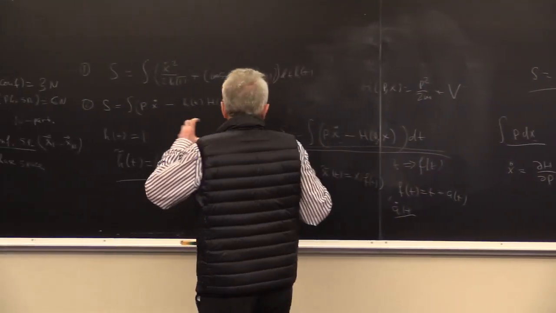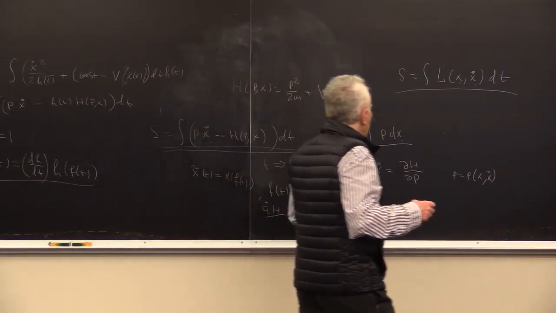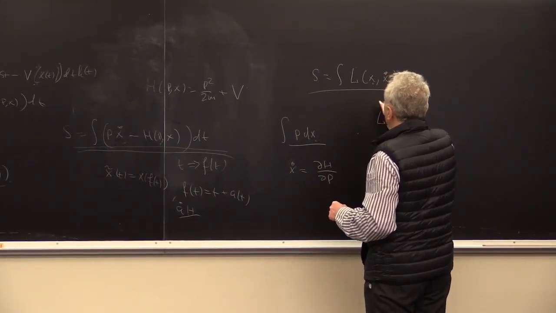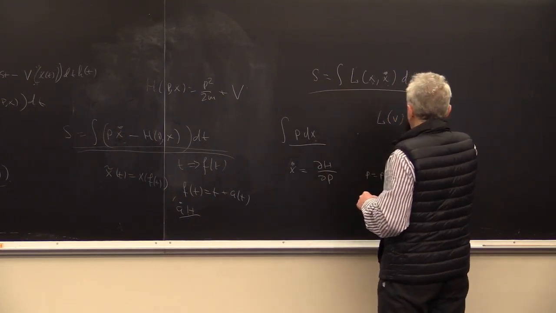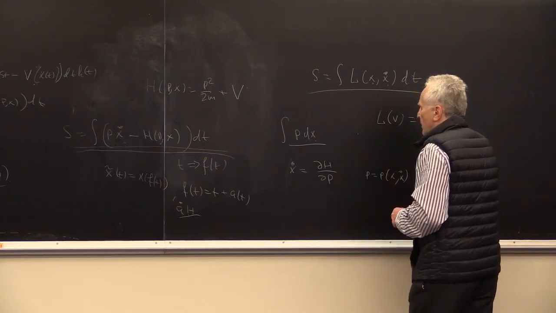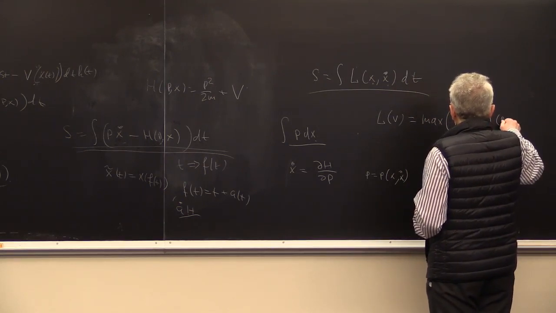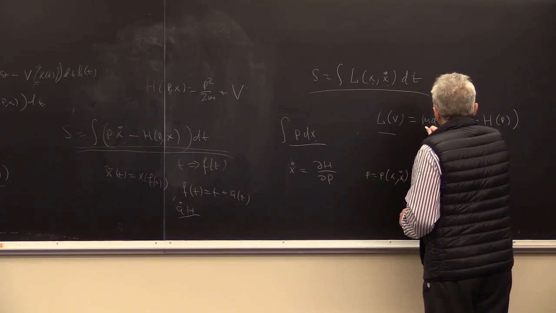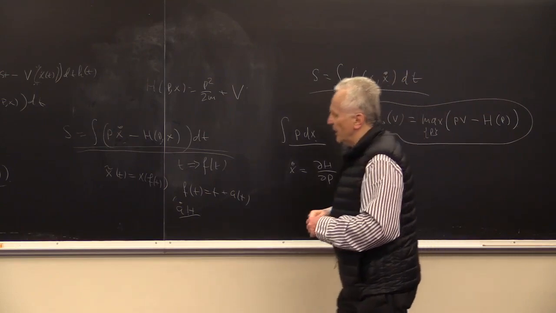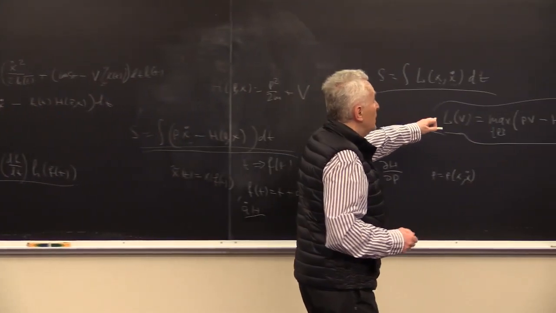But it's useful to formulate it slightly differently, namely the Lagrange function as a function of velocity. I forget about x dependence, which is irrelevant at the moment. You can write it as the maximum value of pv minus h of p, and you maximize it with respect to p. This is true for any two functions.